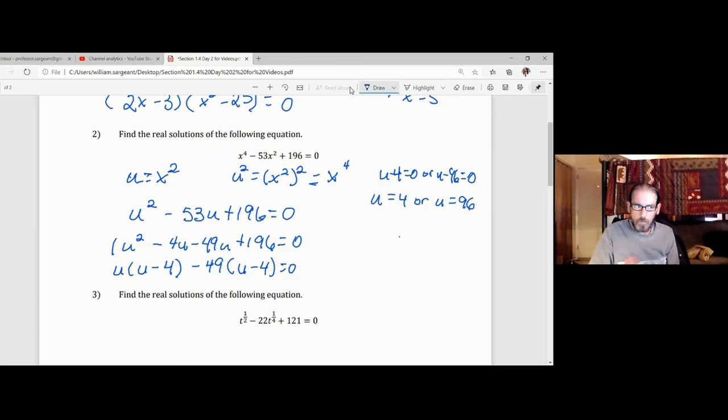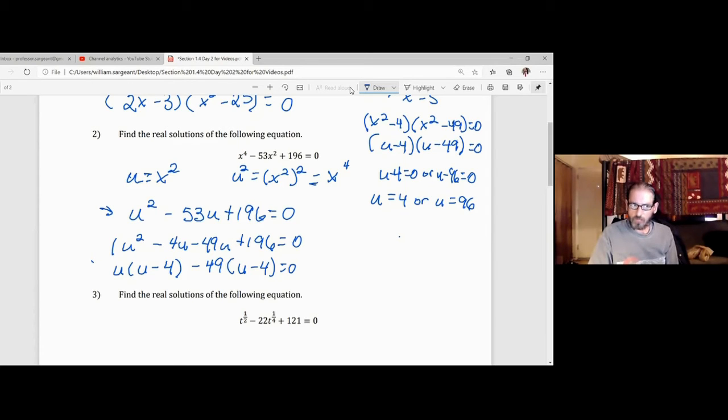Now, as a little side note, some people may have recognized that we don't actually have to write the substitution. We could have factored, instead of writing u minus 4, that quantity times the quantity u minus 49, some can see it a little more quickly, keeping the x squared in there.